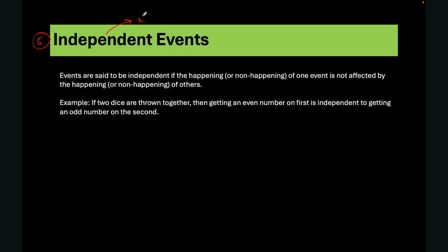It's not affected by anything. Or you can say not influenced, right? No matter what happens in the previous event, the following events are not going to be influenced by it.